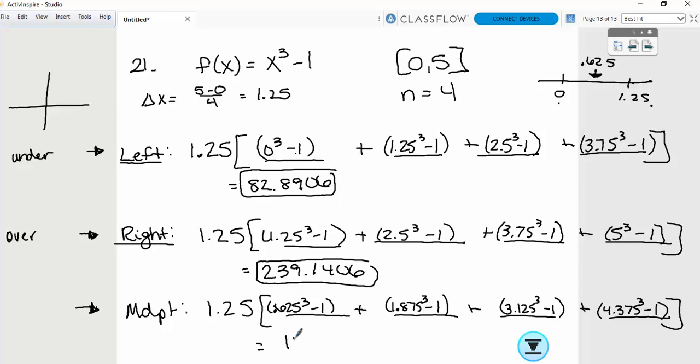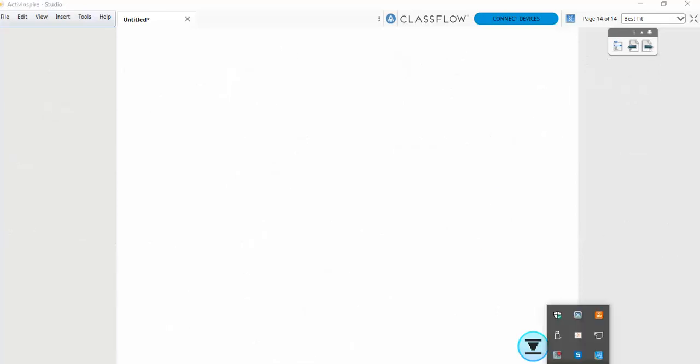Add 1.25, so 4.375 cubed minus 1. And that one gives us 146, which is in between the other two, which it should be. Midpoint will always fall in between those. So I could ask for left and right, I could ask for over and under, and then midpoint is just the middle.